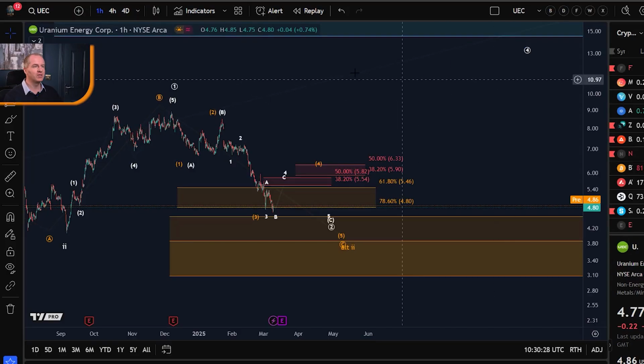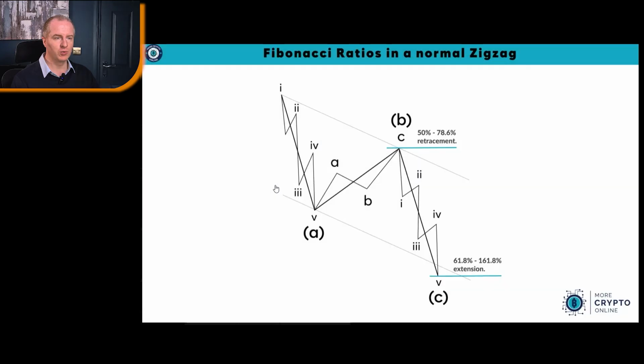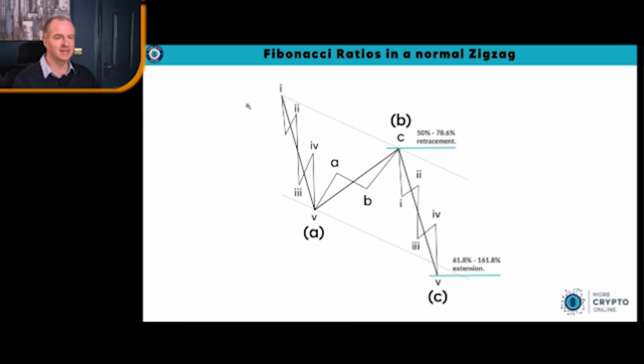What I want to show you first is the theoretical concept of a zigzag correction. We go into our members area, and I just want to show you this theoretical concept. Now, there are different types of corrections, and I'm not going to talk about the difference between a motive wave and a correction.